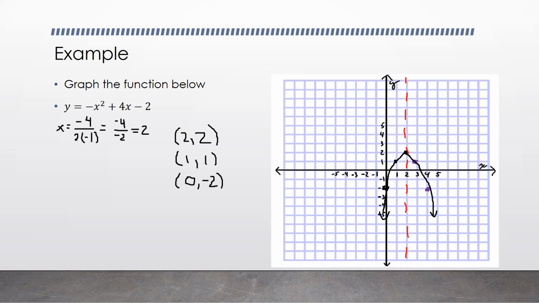And again, let's make sure we label it. y equals negative x squared plus 4x minus 2. If you're having any difficulty with this particular lesson, please make sure you consult your teacher in class.